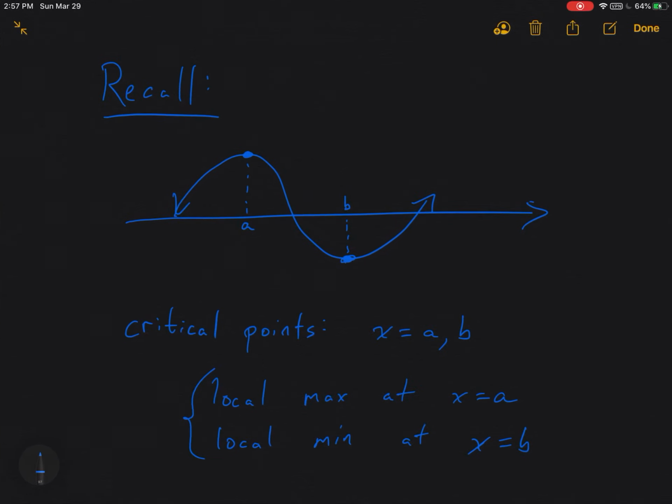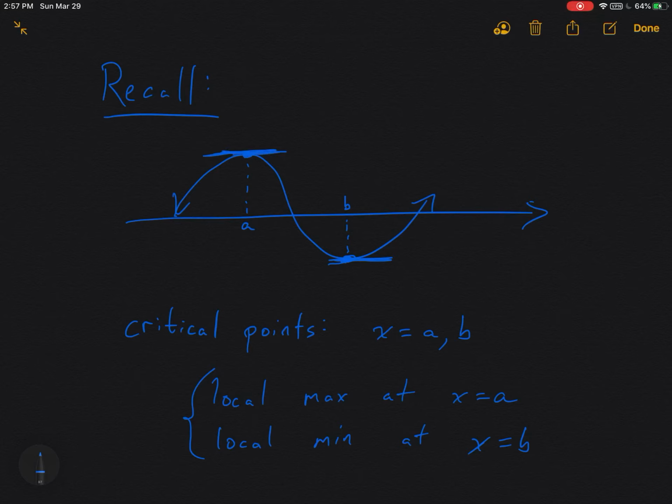So I think I will take the opportunity to review the stuff that we were talking about right before the break. Remember, the last thing that we talked about was the first derivative test. The idea behind that was maybe we might want to maximize the y value that our function takes on, or minimize the y value that our function takes on.